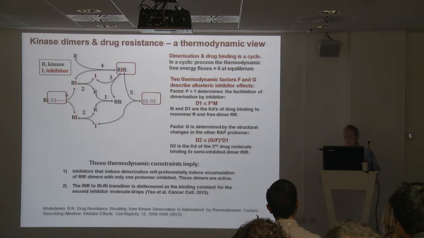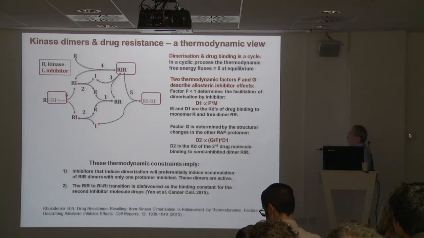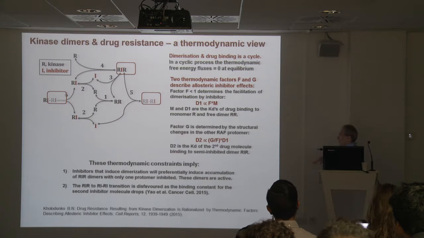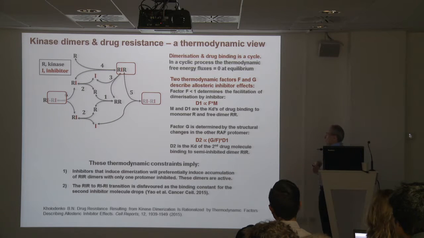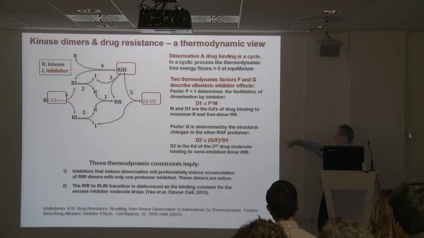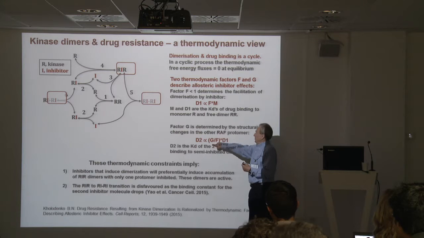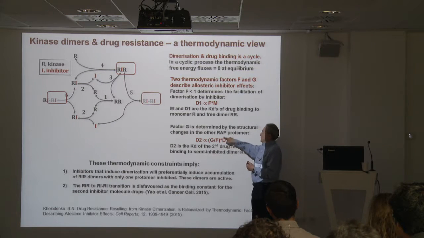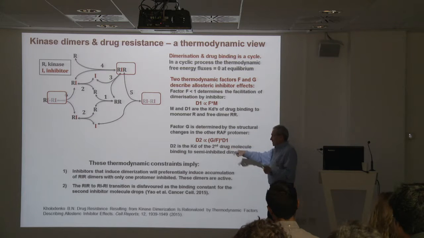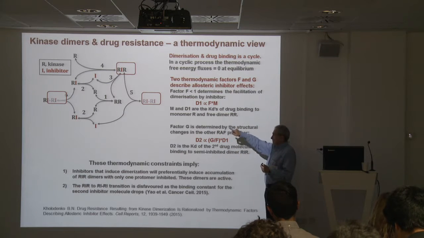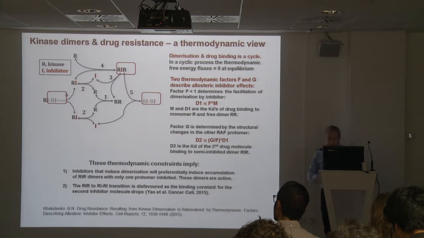This scheme is simple. There are only two thermodynamic factors, which we call F and G. And they show why you have much more accumulation of half-inhibited kinase, RIR, from the beginning, and why the second molecule of inhibitor doesn't bind to the dimer, because D2 is proportional to this term, F is much less than 1, and therefore the second molecule of inhibitor binds much worse to the dimer than the first molecule of inhibitor.